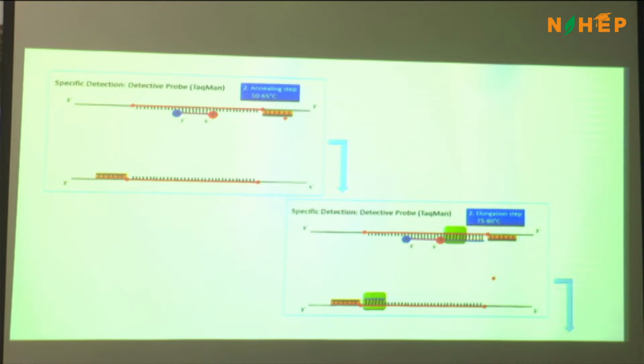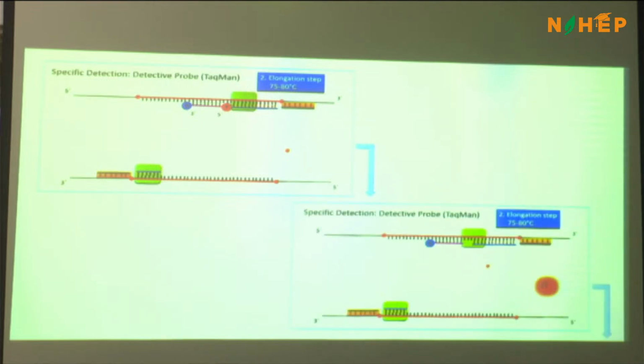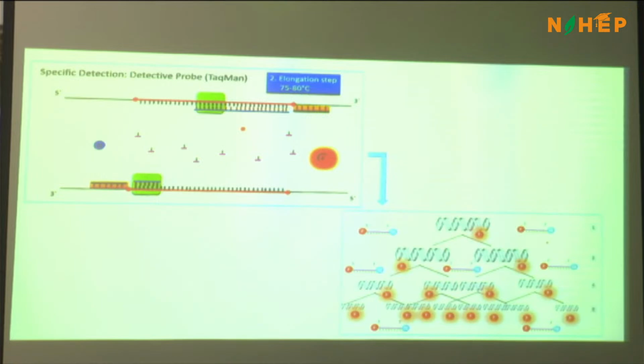As it adds the nucleotide on the other end, in the front end, it is going to release the reporters and quenchers. Finally, you are going to see something like this, and the reporter is getting accumulated in the reaction mixture, and it is going to give you a progressive fluorescence because the dye is getting accumulated in the reaction mixture.